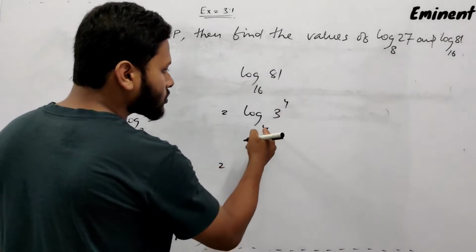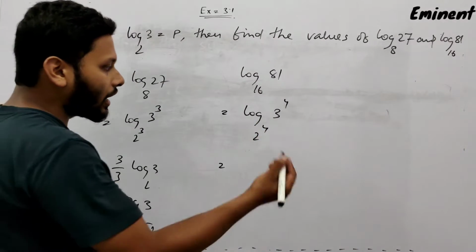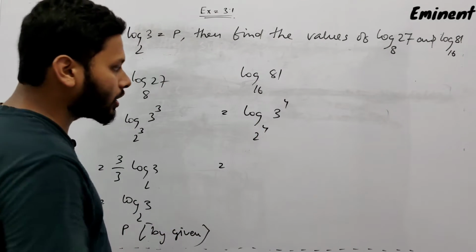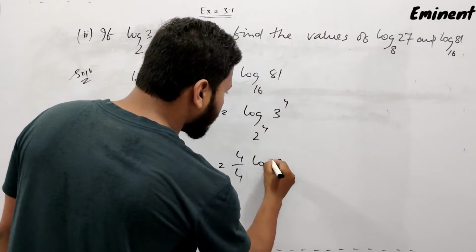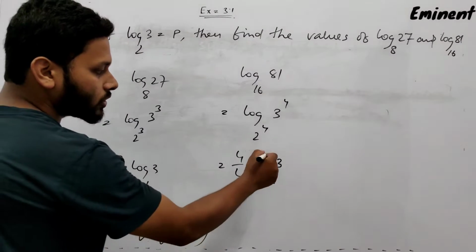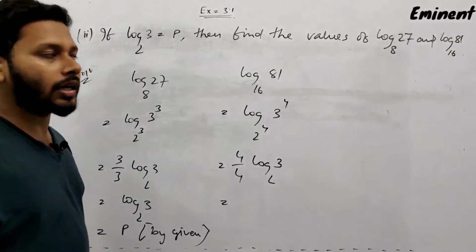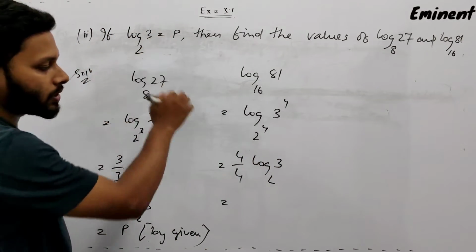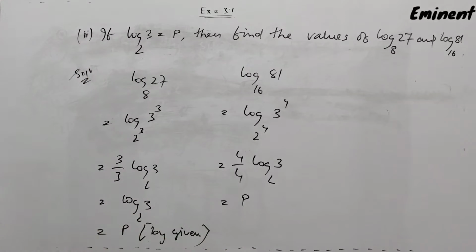So here also both the base and the number have a power. We can directly take out the power by applying the power law of logarithm. So it can be written as 4 by 4 log base 2 3. Now here again 4 by 4 will get cancelled and log base 2 3 will remain as it is. The value of this one is given as p, so directly we can write here p. This is the solution of this question.